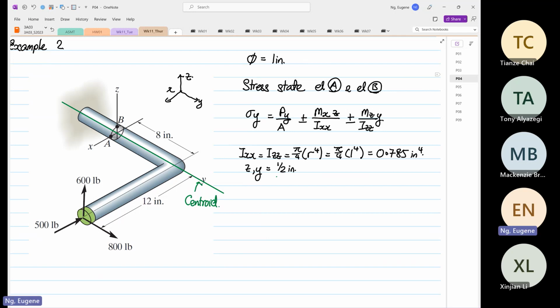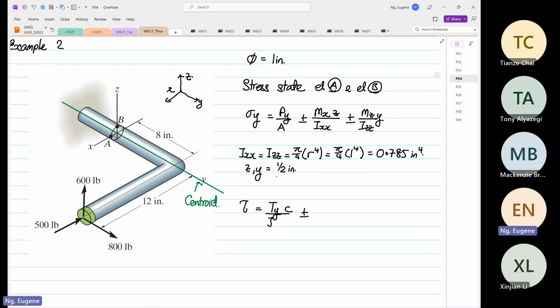Then the next formula that we're going to apply, where we have shear stress, is equal to the torque in the y direction over J multiplied by C, right?